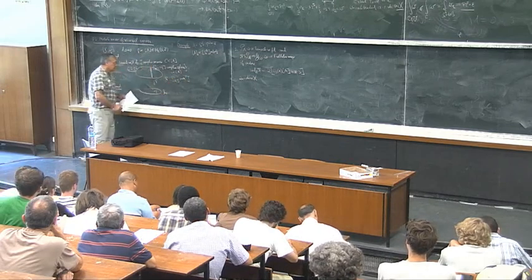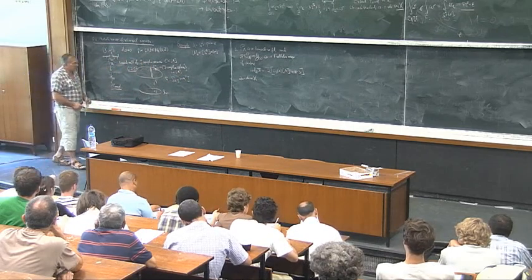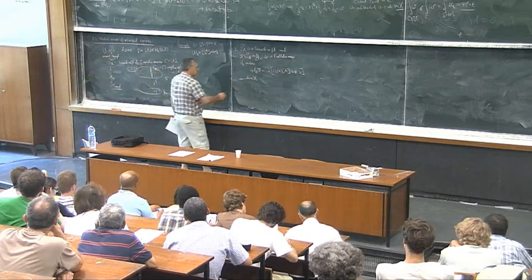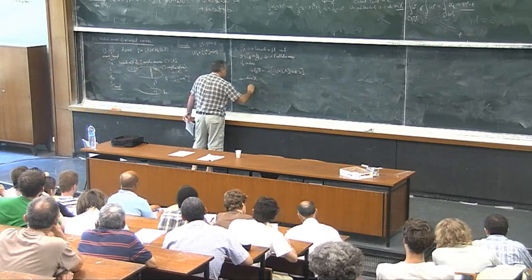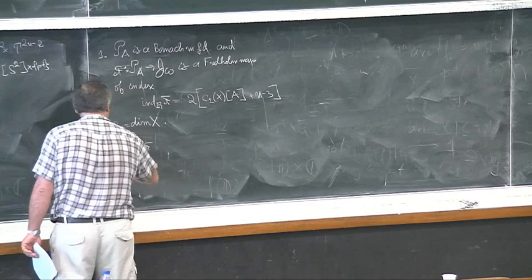And the projection sends curves over J to J. Okay, the usual projection. It is a smooth map, of course, and its differential at every point is Fredholm.